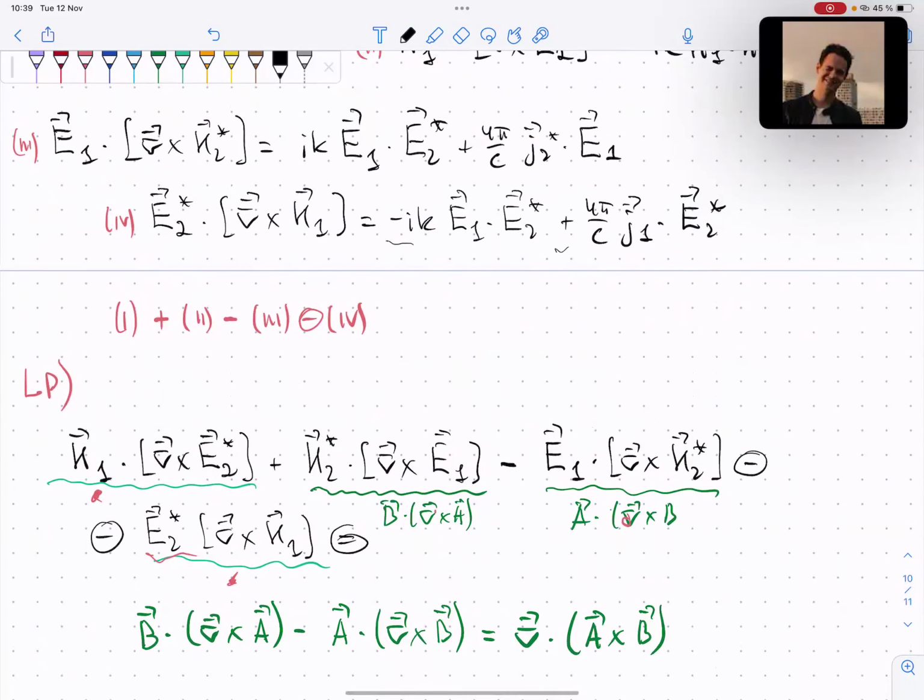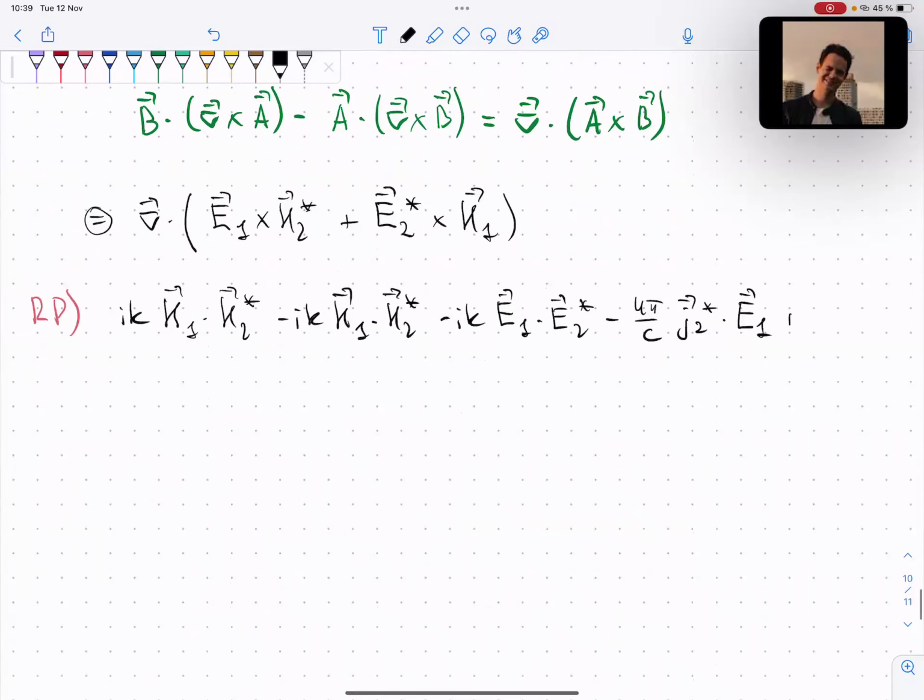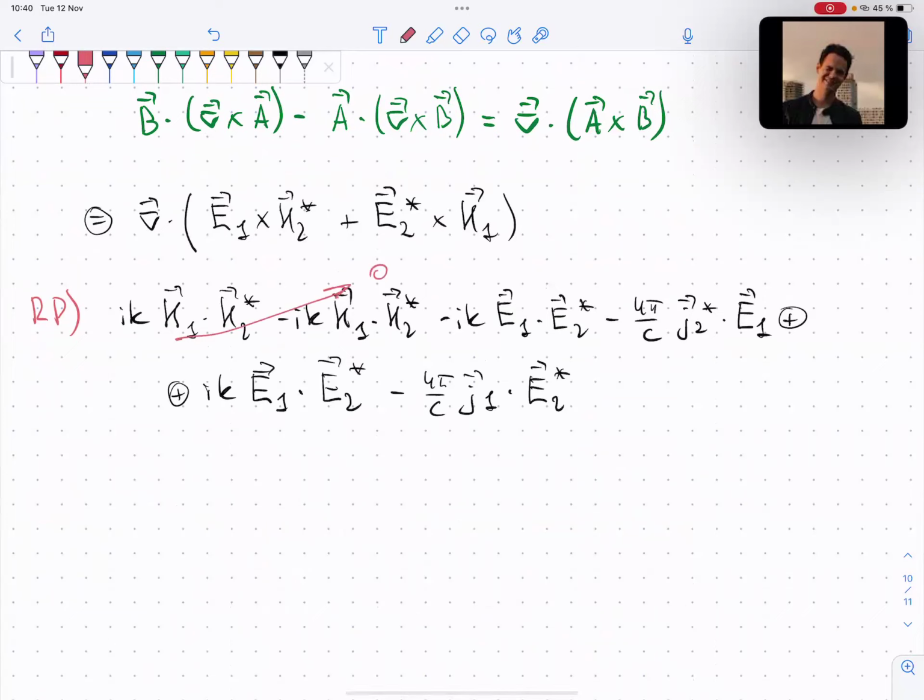Here will be plus and here will be minus. It's plus IK E1 times E2 conjugated minus 4π over c J1 times E2 conjugated. So obviously this will give us 0, this and this also will give us 0.